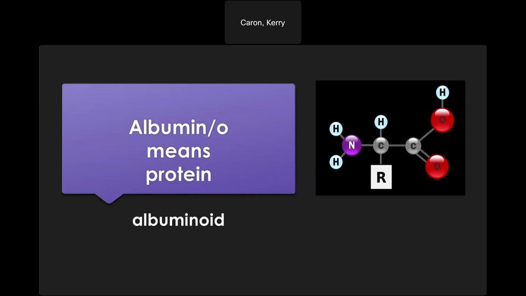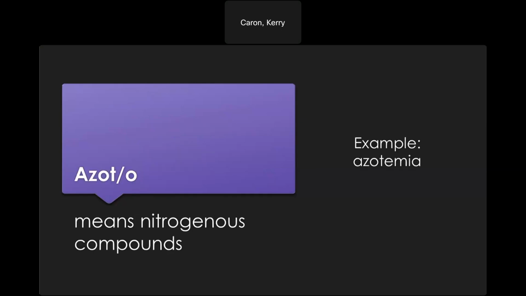Albumino sounds like albumin, which means protein. So if we said something was albuminoid, it is like similar or resembling protein. Azoto is referring to a nitrogenous compound. So some kind of compound that contains nitrogen, azoto.